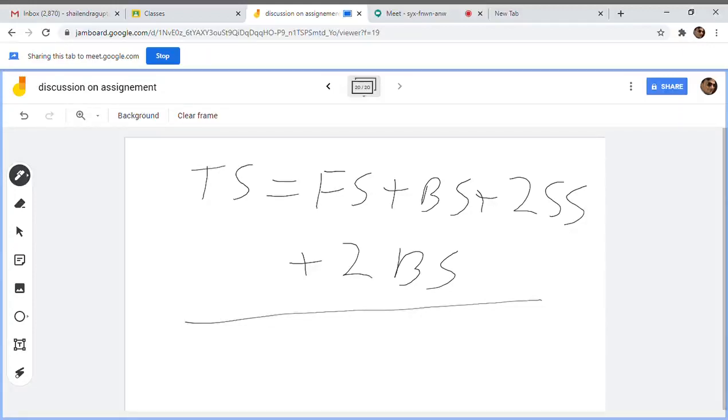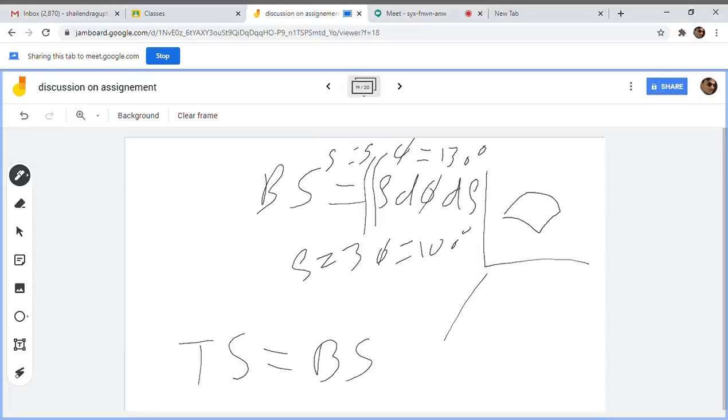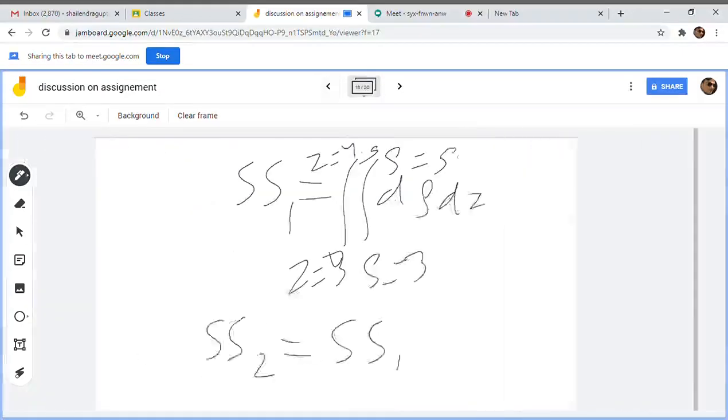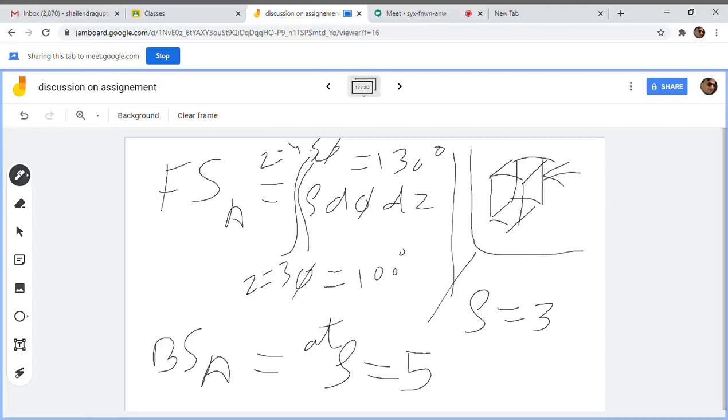The last part is something interesting. It says to find the length of the longest straight line that lies entirely within the volume. So you need to calculate the length of the longest straight line. So we can use this slide. What will be the longest straight line of this arc volume, or the section of this cylindrical volume?